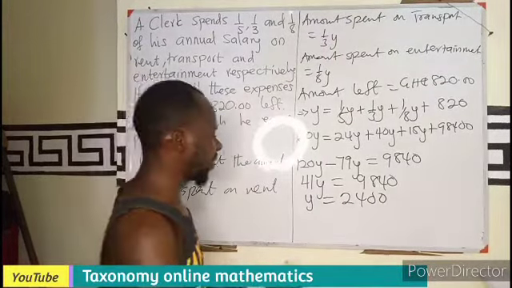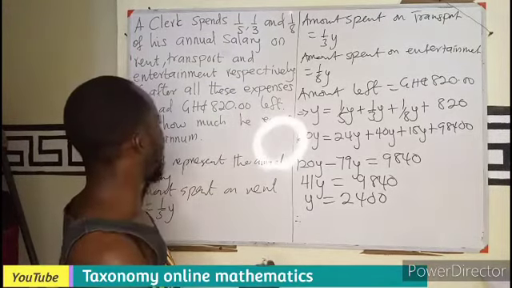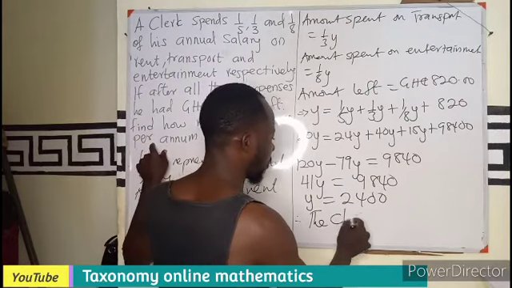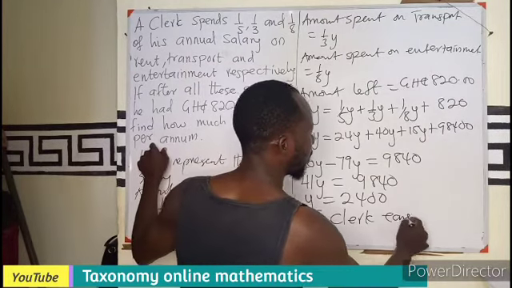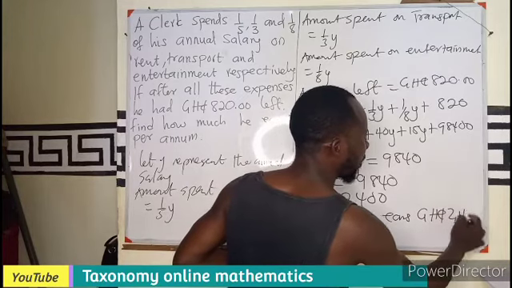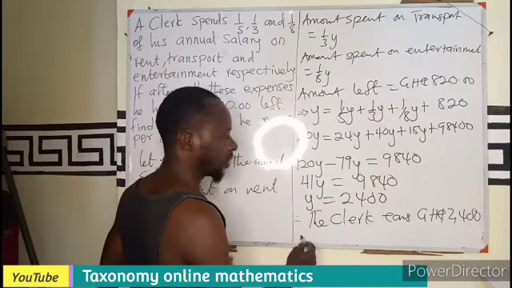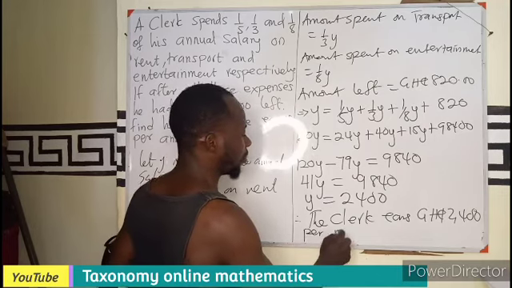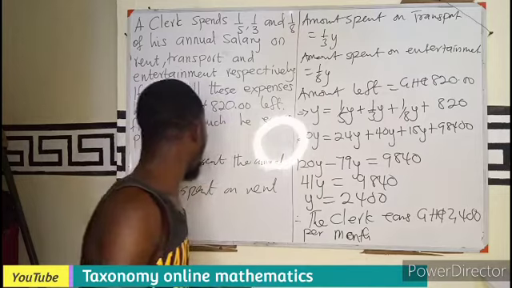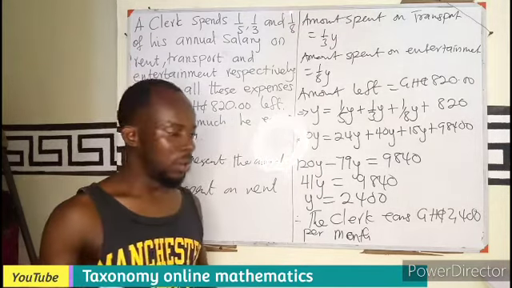So that simply means that therefore the clerk, and you have to include the Ghana cedis, earns 2,400 Ghana cedis per month. Per month or per annum. Alright.